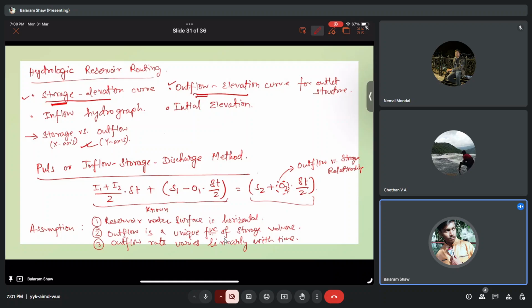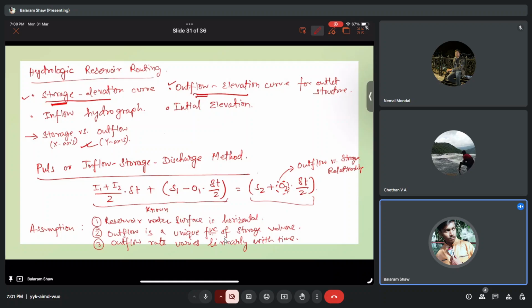Okay. Next, we have the modified pulse method, or we call that the level pool routing method. Most of the things are the same. The only modification in the modified pulse method is that we only need two curves.